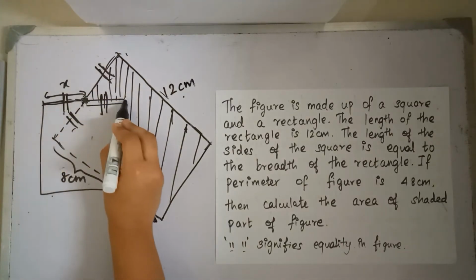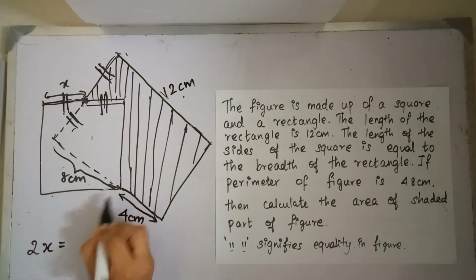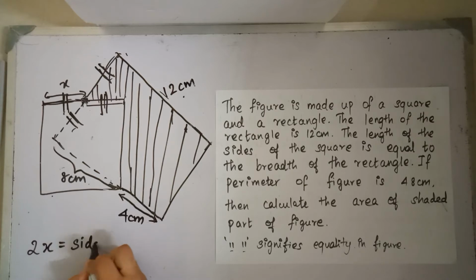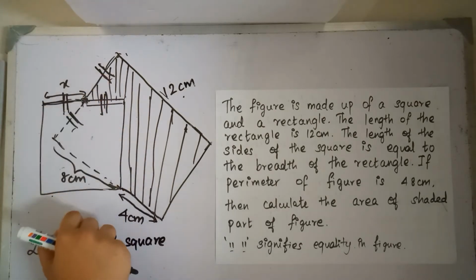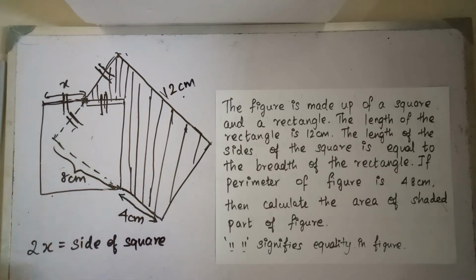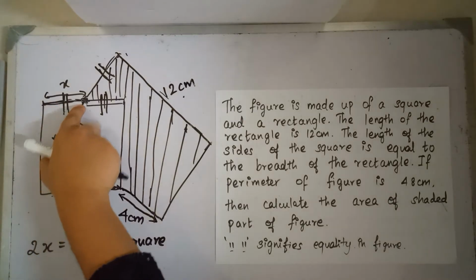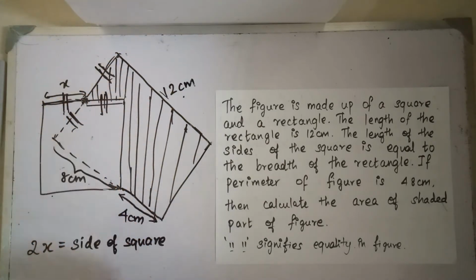So 2x's is equal to what? One side of the square. Is that correct? Because all these 4 parts are equal. And you can see that we have 2x's over here. So the side of the square will be equal to 2x. So we can say that this part is equal to 2x, which is one side of the square.